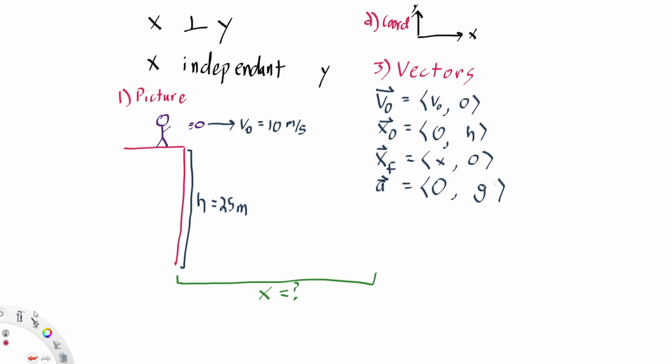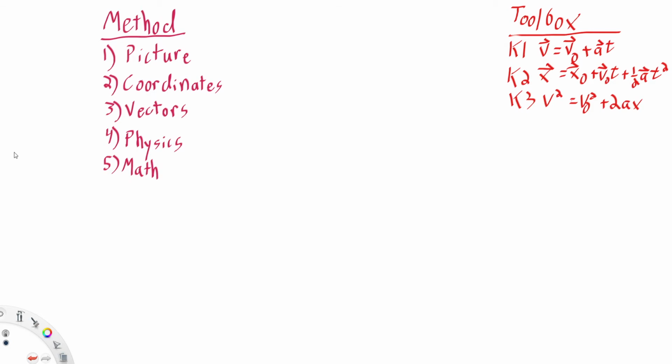So step 4, physics. We don't have very much in our toolbox. We just have 3 things. The things that we know about are initial velocity, initial position, and acceleration. We would like to know about final position. So take a moment, look at our toolbox.